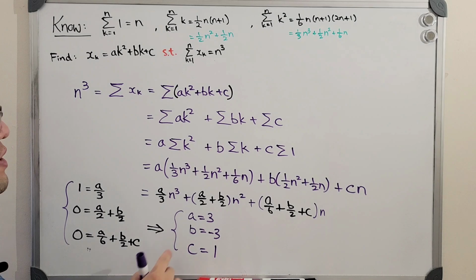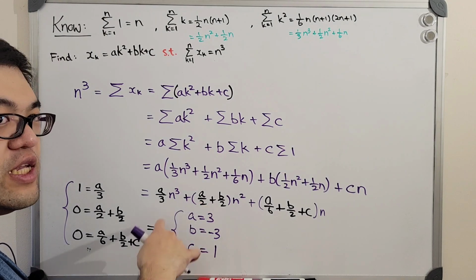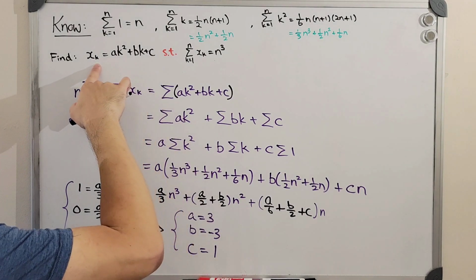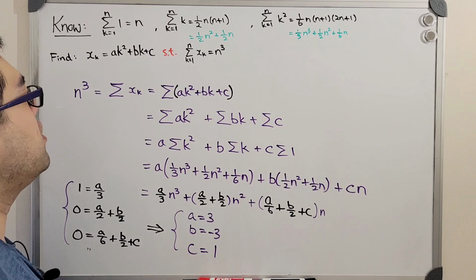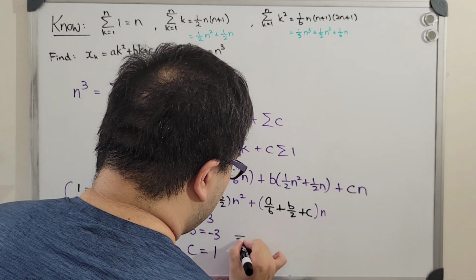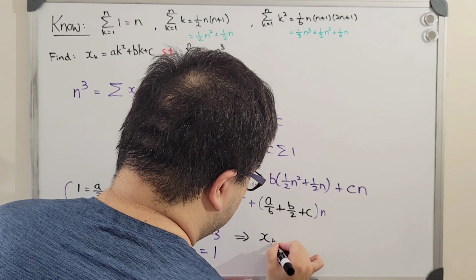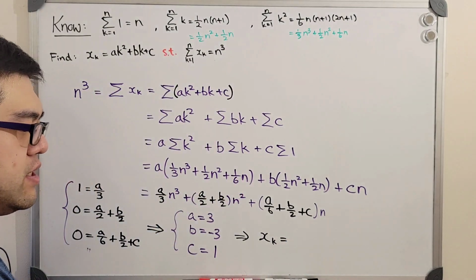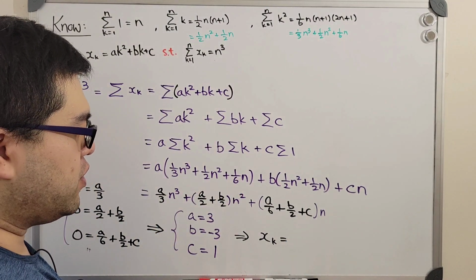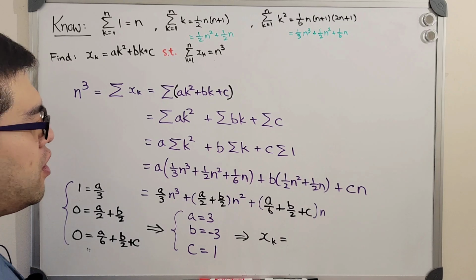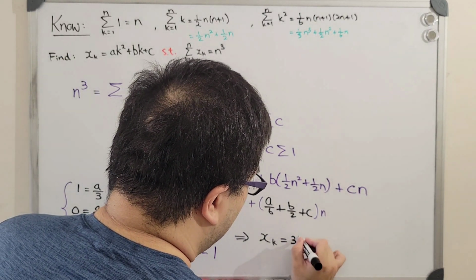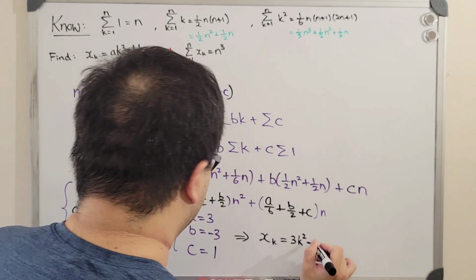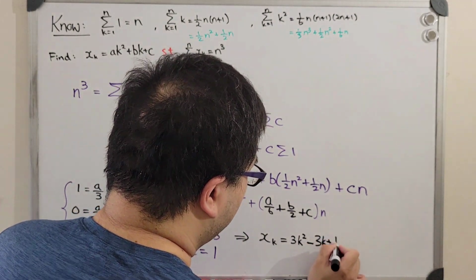Therefore, we can throw all these coefficients back into the closed form of the term x sub k, to give us that the sequence x has the form of 3 times k squared minus 3k plus 1.